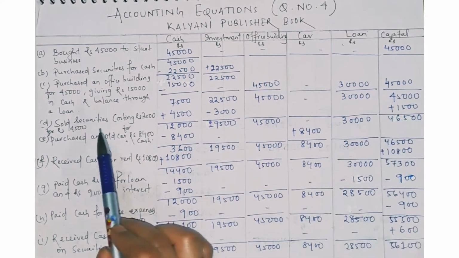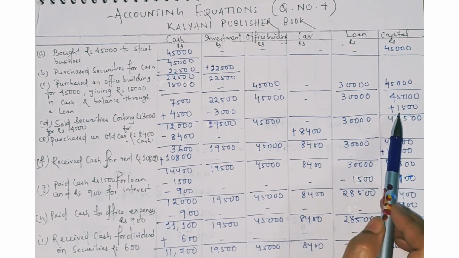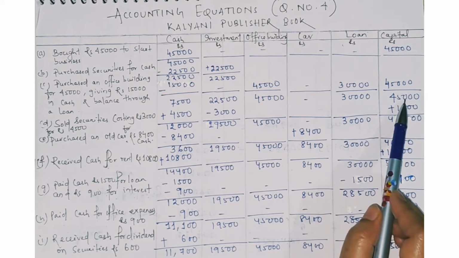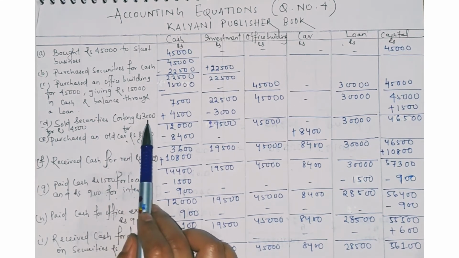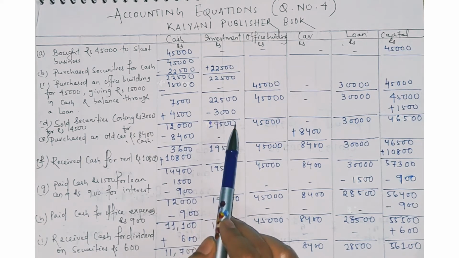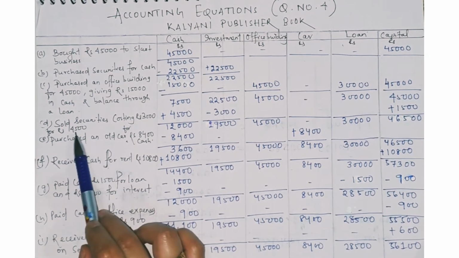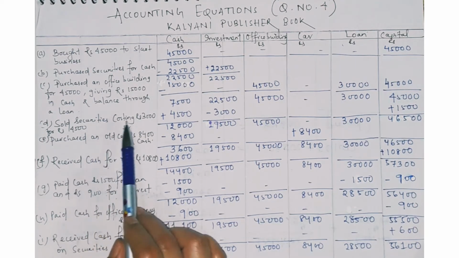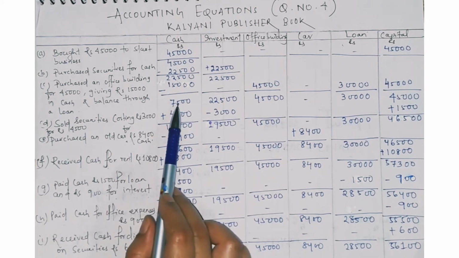So on selling the shares of rupees 3,000, we have made a profit of rupees 1,500, which will be added to the capital. Okay, and the cost price of share is 3,000, so it will be deducted from investment, so it becomes 19,500, and cash of rupees 4,500 comes in the business, so it will be added to the cash.